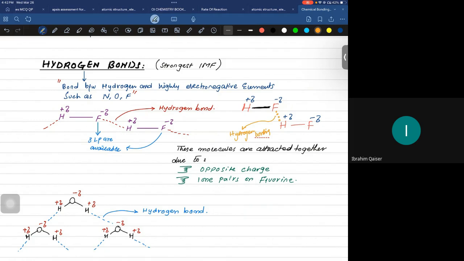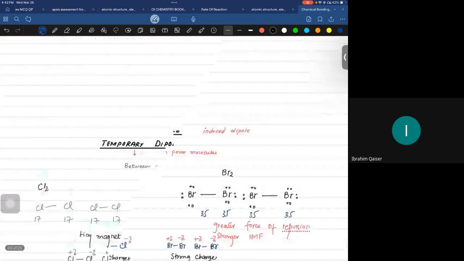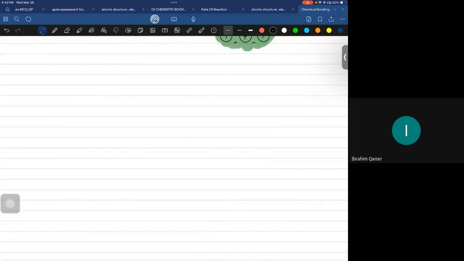Why is H2O liquid at room temperature and H2S a gas? Can you explain why this is so?